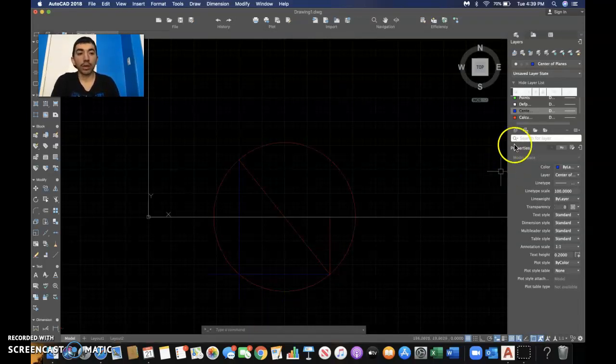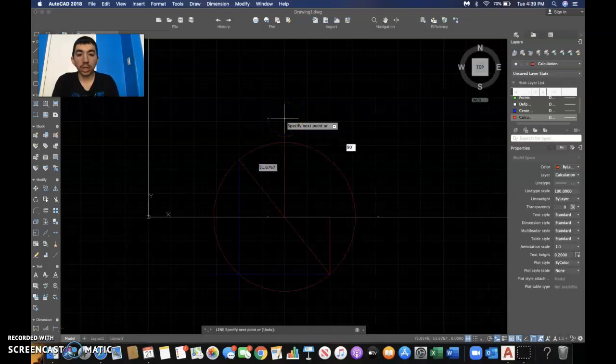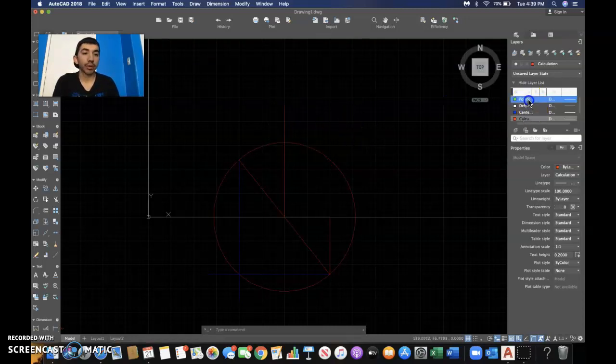So now I am going to find out where my maximum shear force occurs. Okay, so I'm putting a couple points here. The first point is going to be the sigma 1. Second point is sigma 3. And the third point is the maximum shear stress.